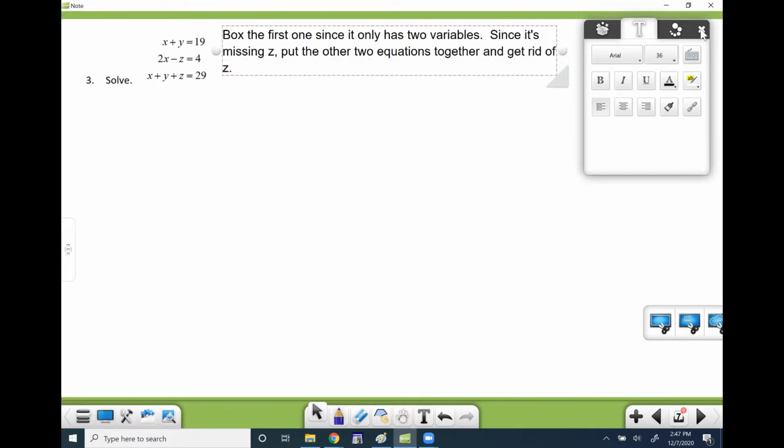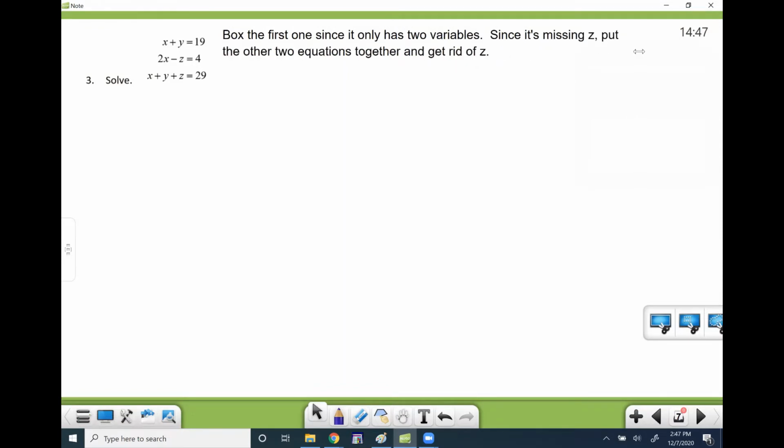So anytime, guys, one equation has only two variables in it, box it. It doesn't matter which one, pick one. Okay, so I'm going to consider this one is done. And so now we're going to put equations B and C together.